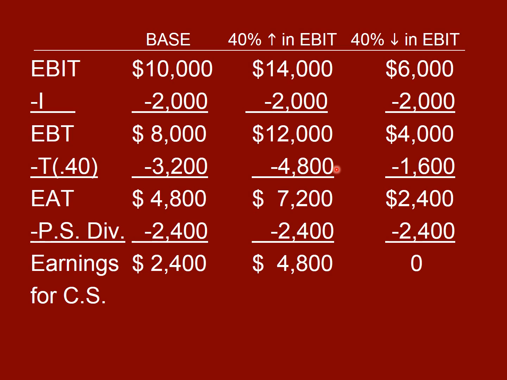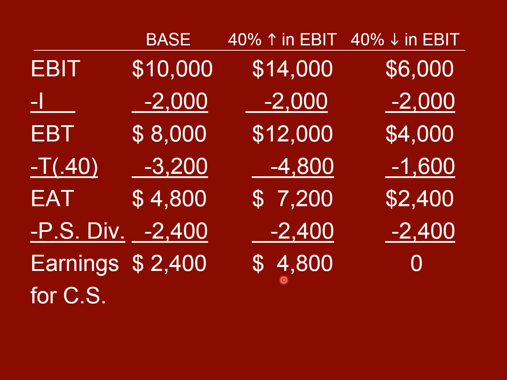Taxes would be $4,800, and that would leave us with earnings after taxes of $7,200. Then we subtract our preferred stock dividends, which are also a fixed expense, and we're left with earnings available to common shareholders of $4,800.